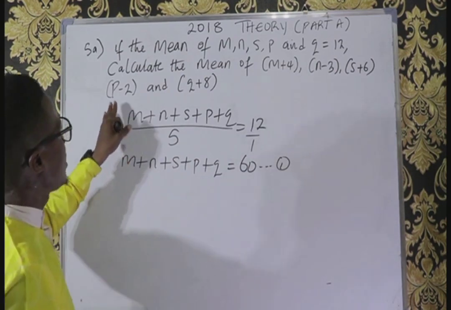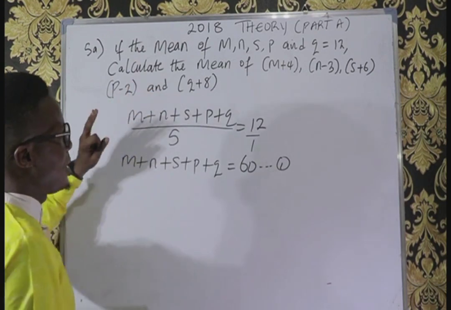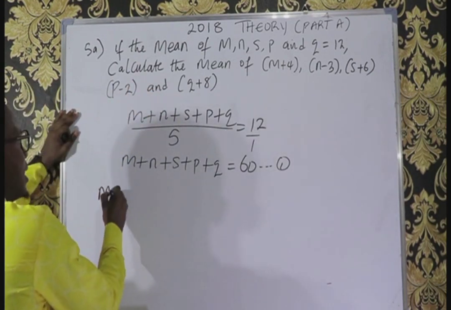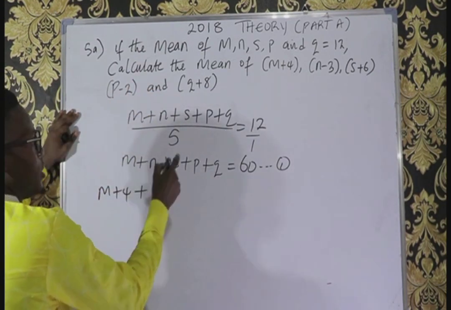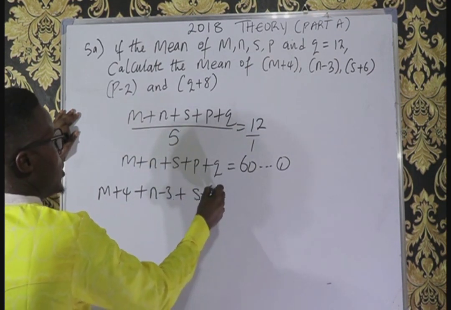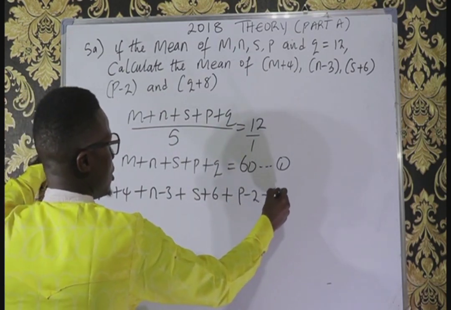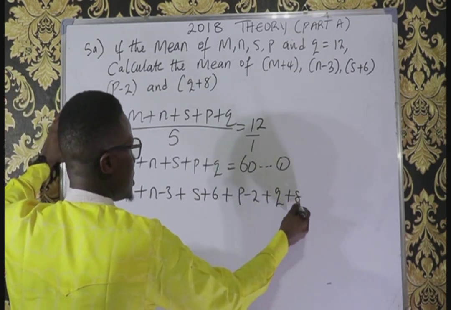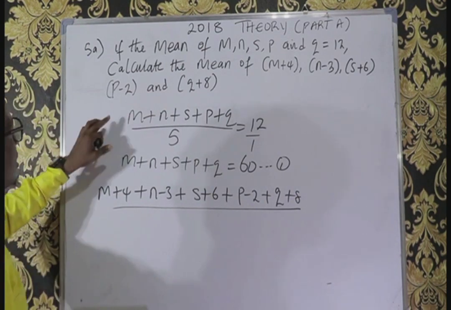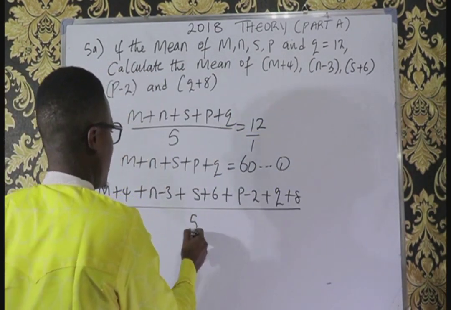Also, we are asked to calculate the mean of these figures there. So to get their mean, let us add everything there. We have m plus 4, plus the next one, n minus 3, plus s plus 6, plus p minus 2, plus q plus 8, over total. How many are there? 1, 2, 3, 4, 5, over 5.